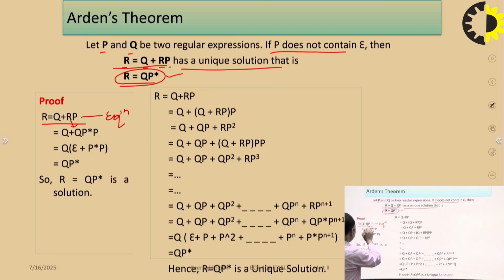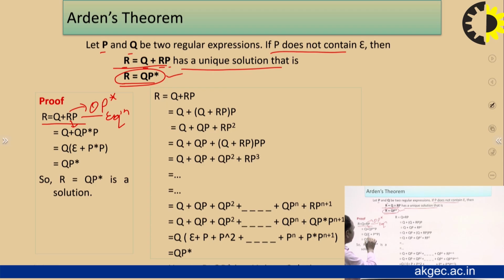So Q + put the value of R, R = QP*, so Q + QP* concatenated with P. Now taking Q as common, the remaining part is epsilon, and then taking P as common, the remaining part is P*P.